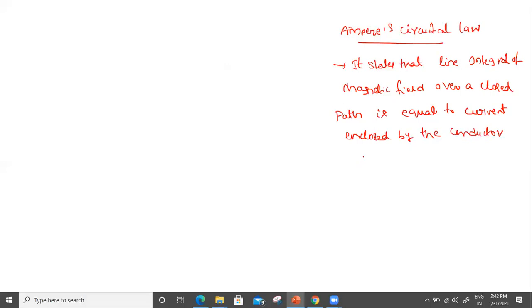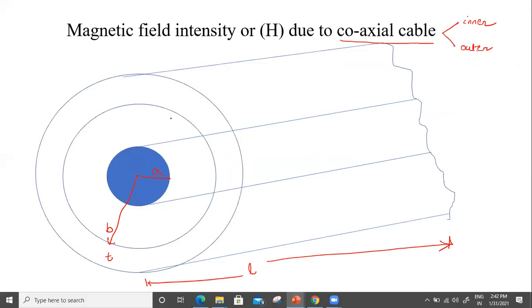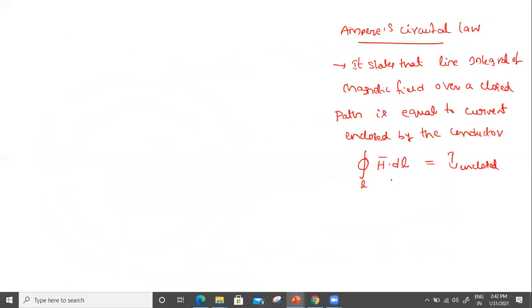Mathematically, it is written as the closed line integral of the magnetic field intensity H bar dot dl equals I enclosed. This is Ampere's circuital law. With the help of this law, we can find the magnetic field intensity of a coaxial cable. Suppose this is the current carrying conductor and this is a closed loop.